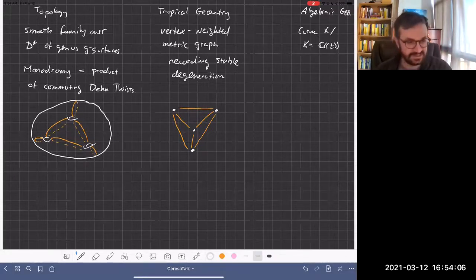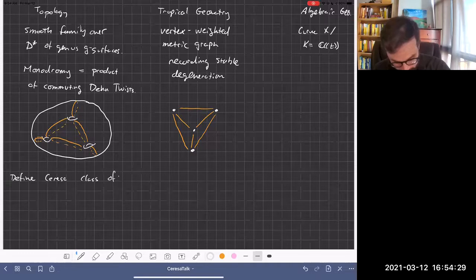In the topology setting, the piece of data we're going to assign the Ceresa class to is this monodromy operator. Here it's going to be this multi-twist. In the tropical geometry setting, we'll define the Ceresa class for just the graph itself, together with its weights.